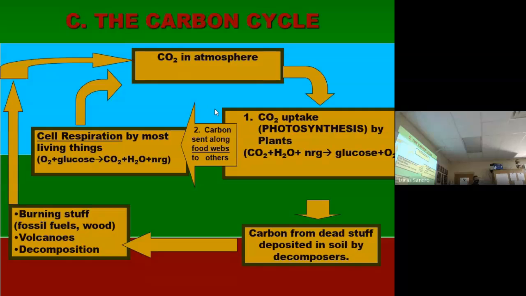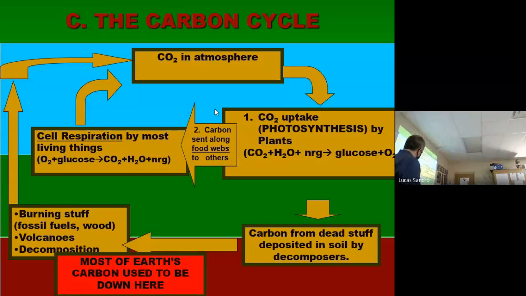This, however, is a good time to point out that humans have affected the carbon cycle pretty profoundly in the last 100 years. In the last 100 years, basically, a lot of the carbon reserves that have been building up for those 3.7 billion years, where most of the Earth's carbon used to be down there below ground, have been moved. Because humans, being humans, we kind of built our society around burning stuff.